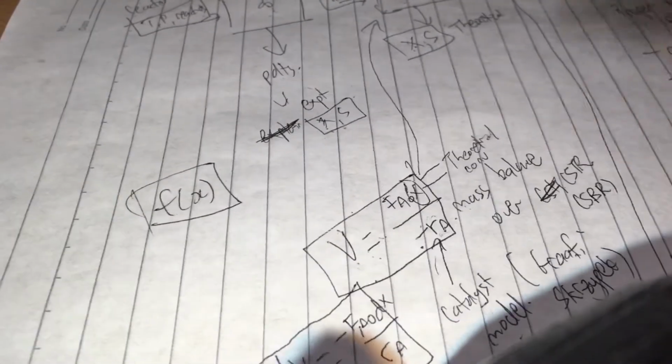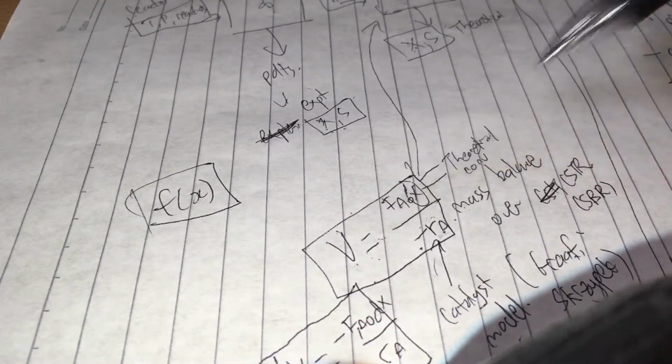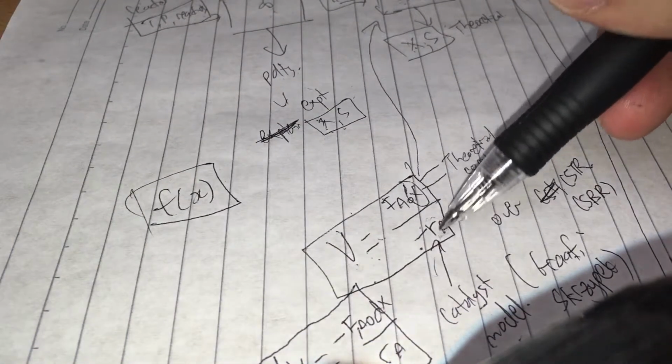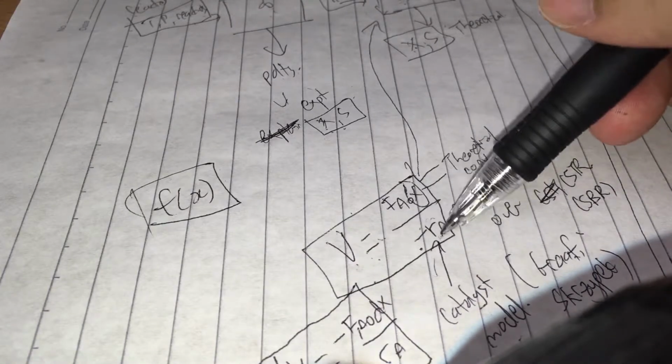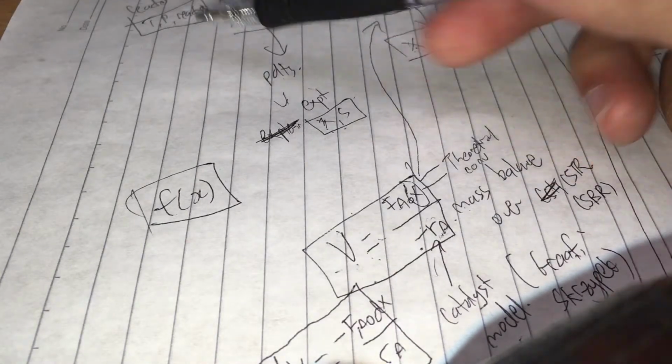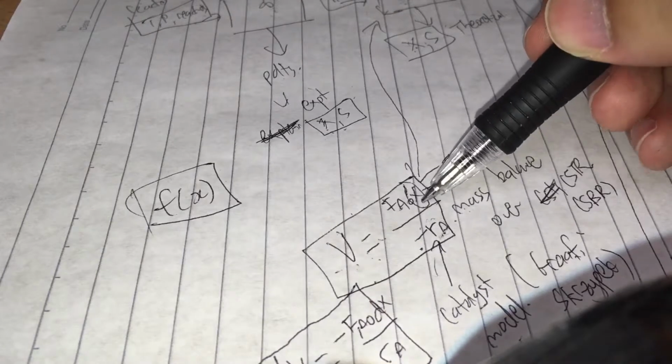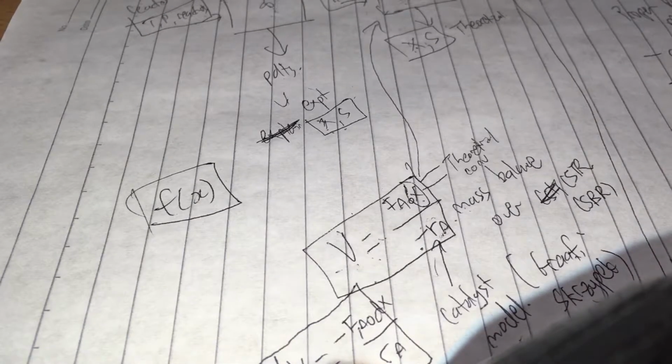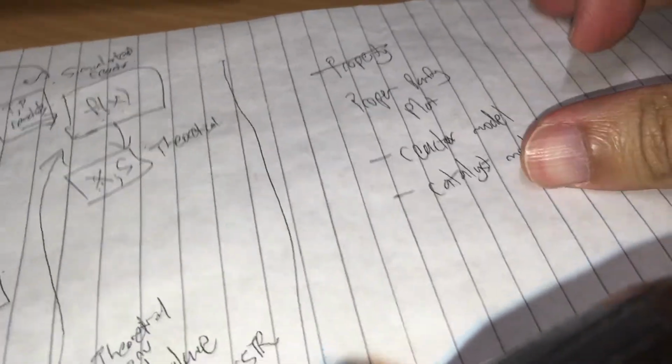Now, of course, you know why we need the reactor model. The reactor model will link the catalyst model plus whatever reactor inputs. It will churn out an X value, let's say a conversion value. So these two are quite easy to understand.